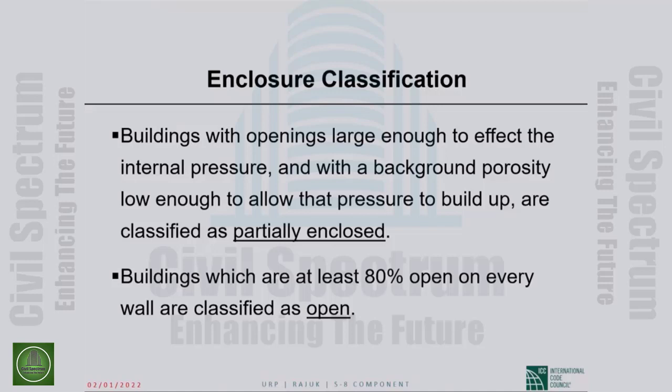So when we say enclosed building in ASCE 7 wind design provisions, it does not mean a jailhouse without openings on all the faces. It simply means it is a building that does not meet the definitions for a partially enclosed building or an open building. So an enclosed building is defined by default.